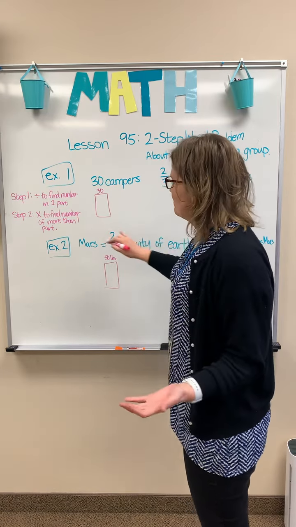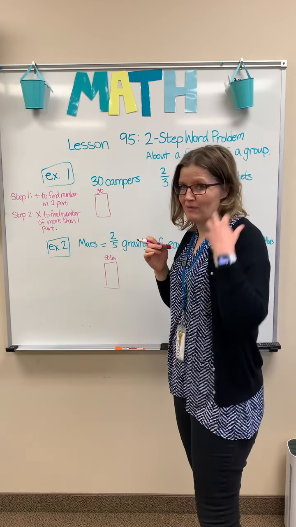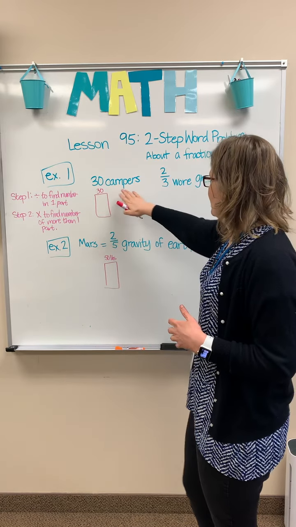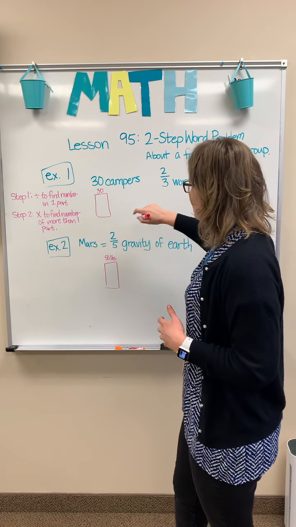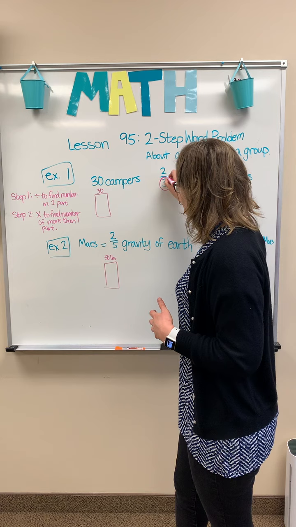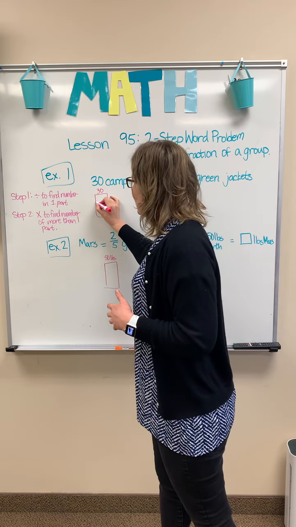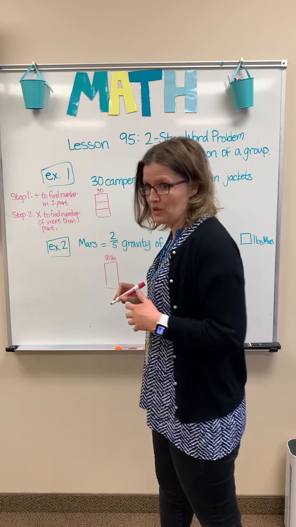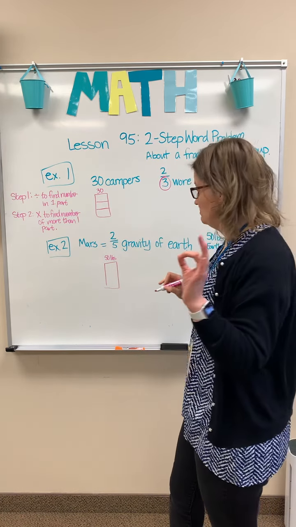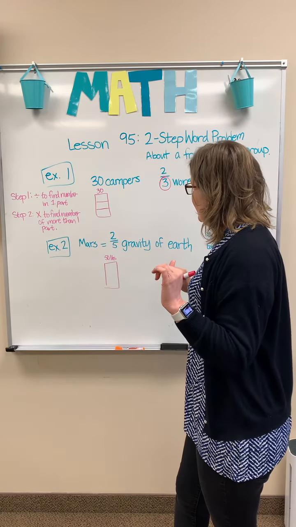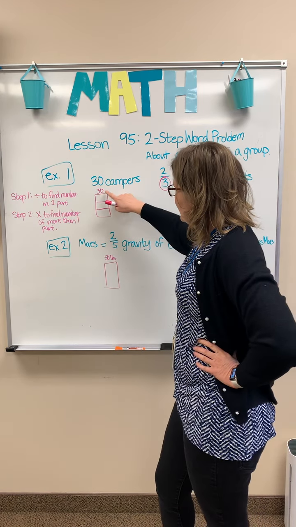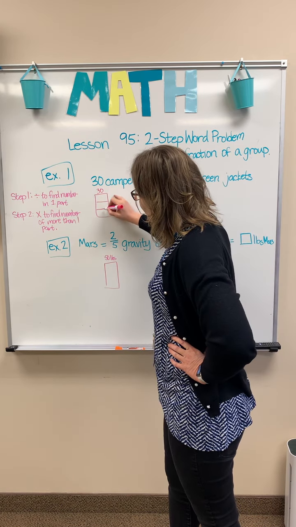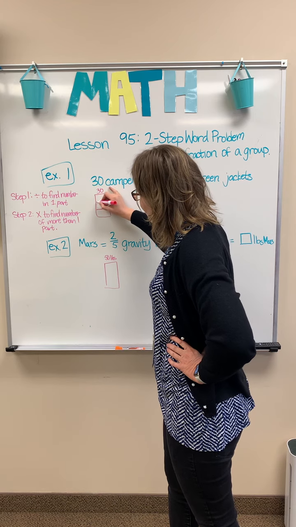So I'm going to draw a picture because that helps me think about this. We've got 30 campers, and we know that 2/3 wore green jackets. Because of this denominator, it tells me that I need to divide up into thirds, which is awesome. Then I need to find out how many are in each part.